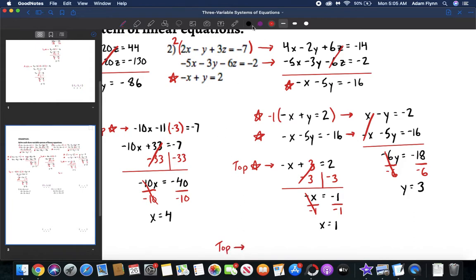So my top equation is going to be 2, instead of x, I'm plugging in a 1, minus, instead of y, I'm plugging in a 3, plus 3z equals -7.